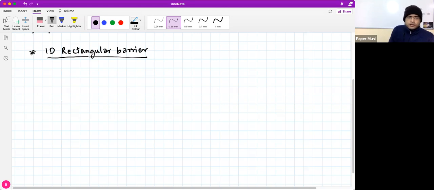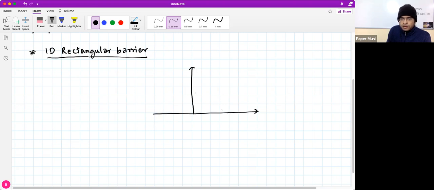Now, in this case, the potential has a form which is given by, let's draw it first and then talk about it.